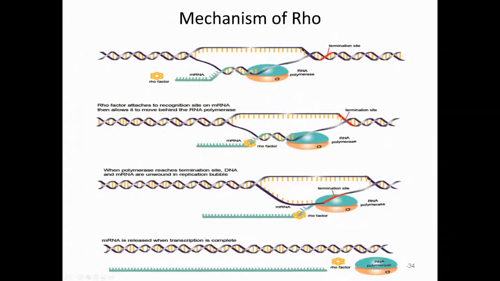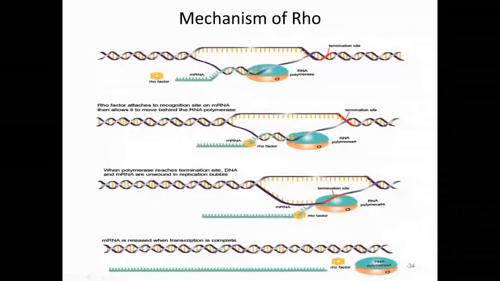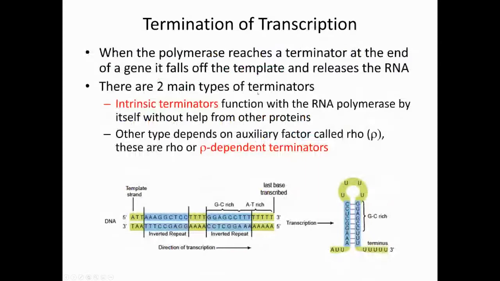And another one is rho-dependent termination. So basically, for the rho-dependent termination, they have a similar GC-rich sequence, but they do not have the poly U terminus.